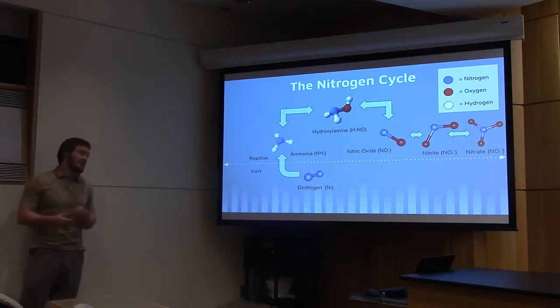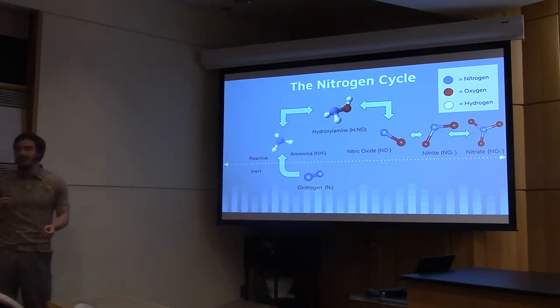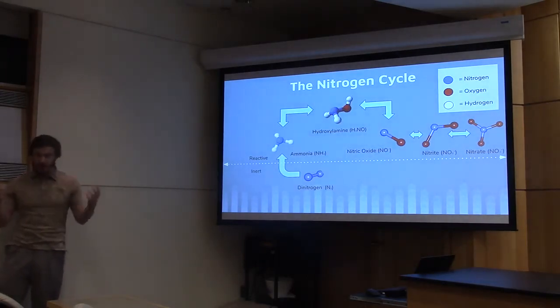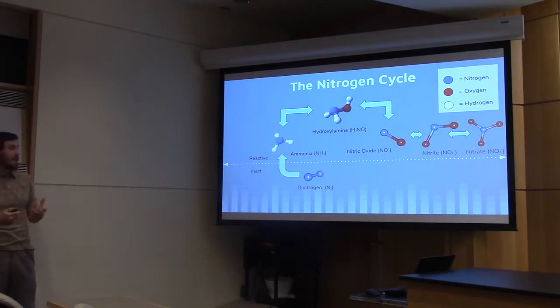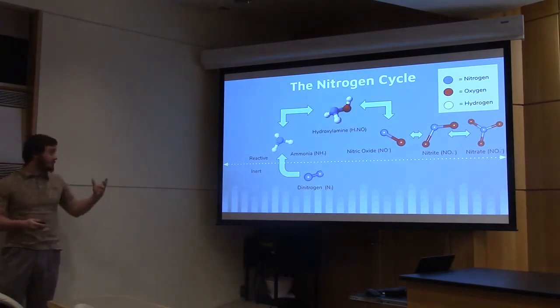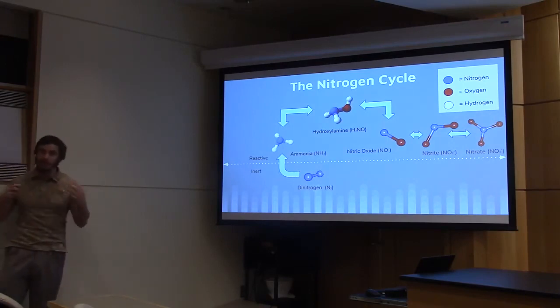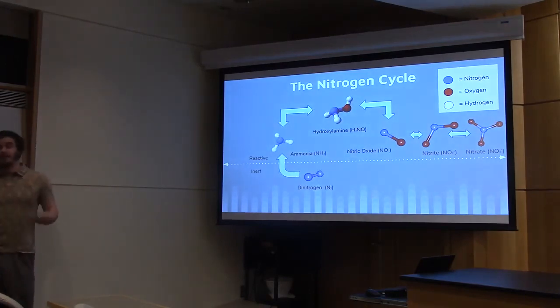Nitrite and nitrate can essentially be seen as the equivalent of ammonia, but for plant species, so it's an energy rich molecule for them, and all of these reactive species we also incorporate into our body to some degree.